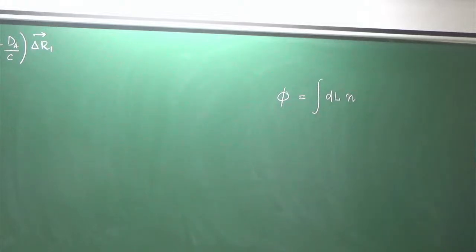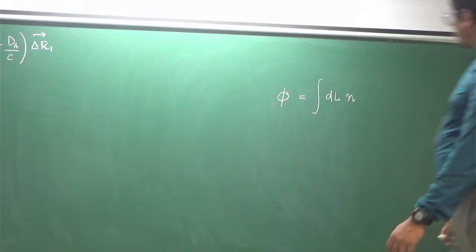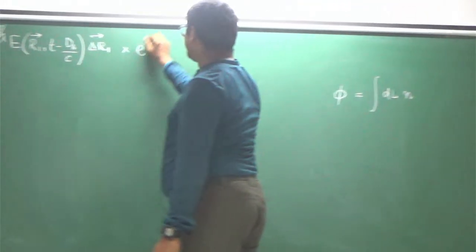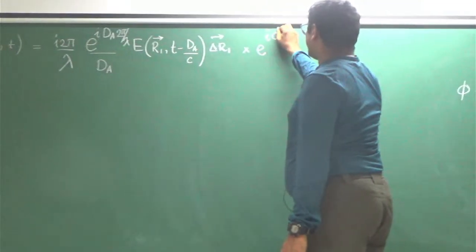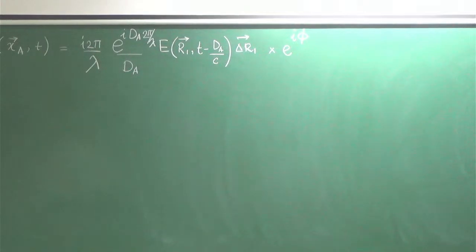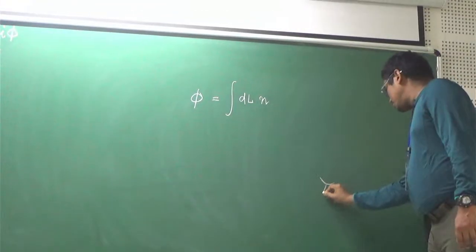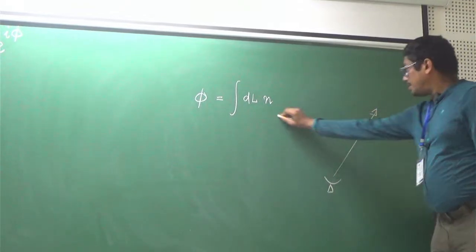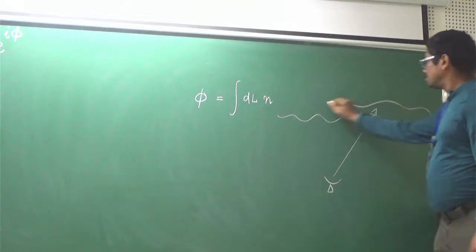But then there will be a delay as well added because of the ionosphere, and unfortunately I will not write it. In the delay, I will just write the phase factor. Now what will that phase factor depend on? Think of this antenna looking in this direction, and I have an ionosphere.